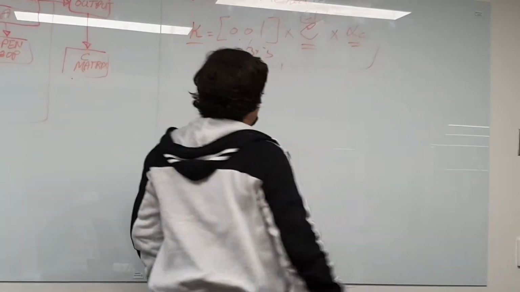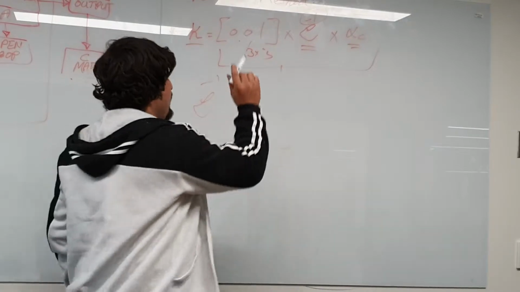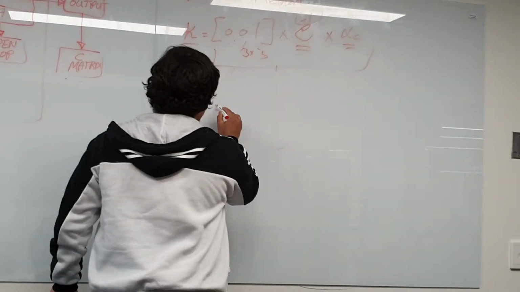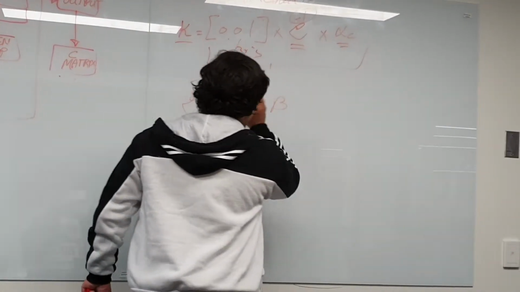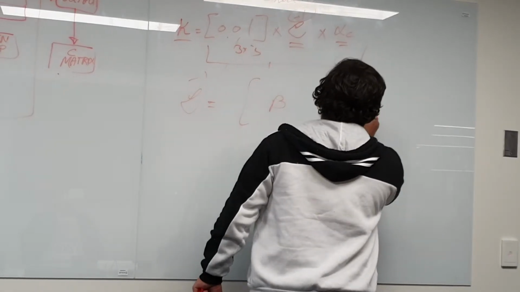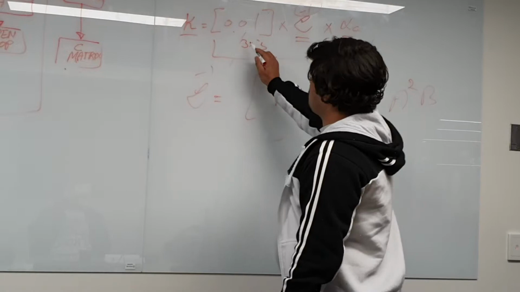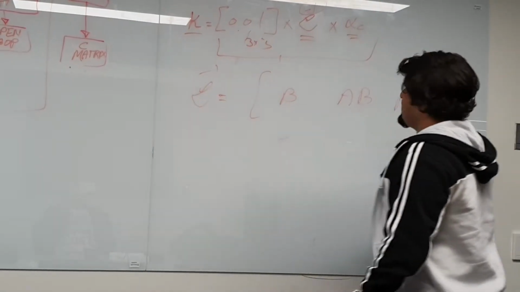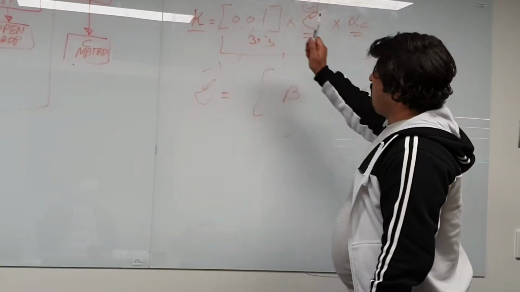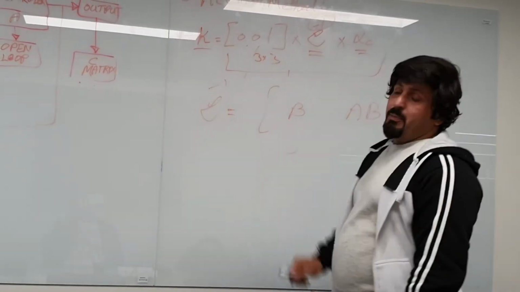Be careful, guys. We have to use the inverse of controllability, which is the matrix B, A B, and A squared B, if our matrix is 3 by 3. As I said before, it depends on the A matrix.